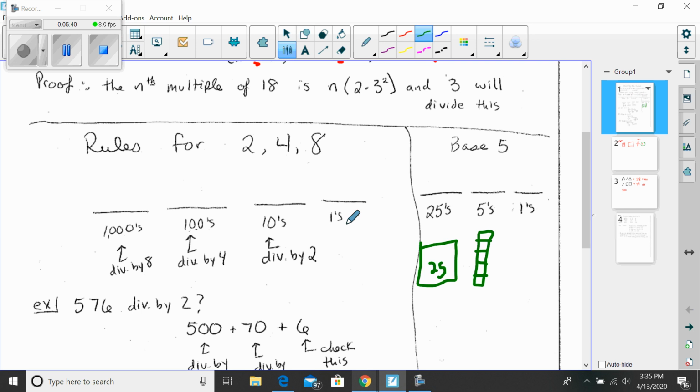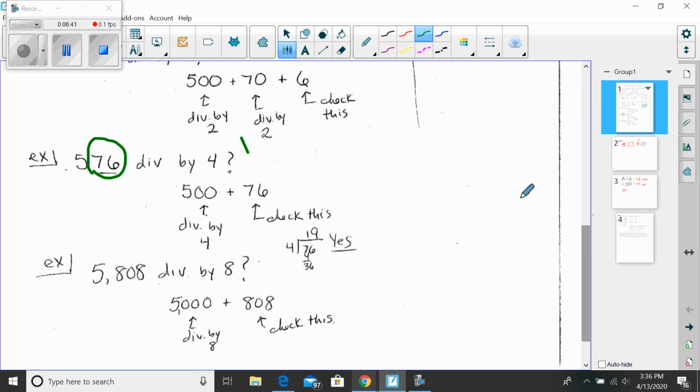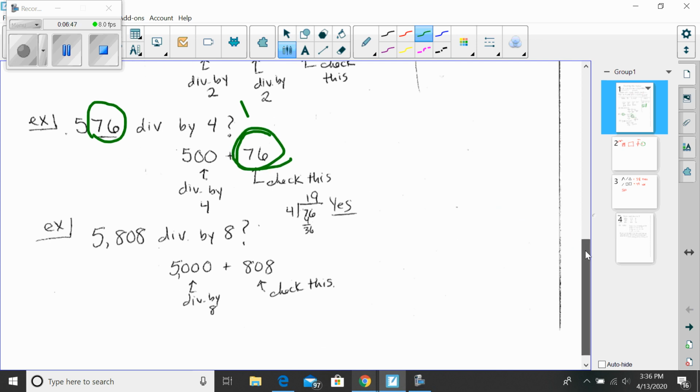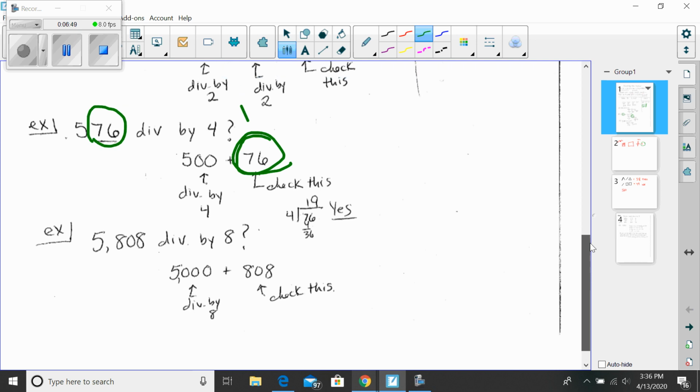So what do you think a rule would be for 16? Divisibility rule for 16. Okay, so if we were in class, I would ask you to extend this a little bit, and tell me what a divisibility rule for 16 would be. Okay, and for 16, you would check the last 4 digits.